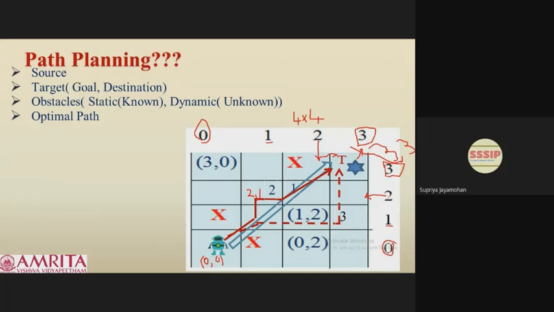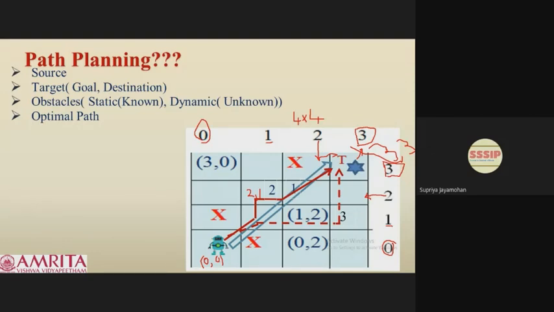We could have other types of grid, like a 5 by 5 grid, 6 by 6, 8 by 8, anything is fine. And in irregular surfaces, we could extend it to regions which could be approximated to the nearest next grid, so that the space covered by the robot is not ignored.